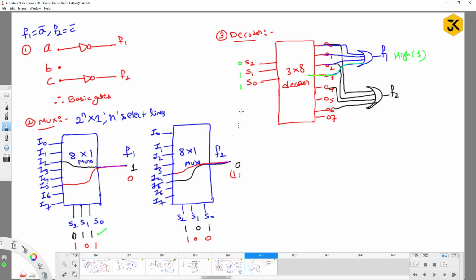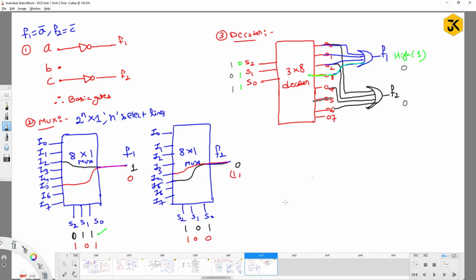Similarly, for example, if we take 101, let me take it with another color. If 101 is there, the fifth line is going to be activated, right? When the fifth line is activated, is power transferred to any one of the circuits? No. When power is not transferred to any of the circuits, you are going to get 0 here, and 0 here also.